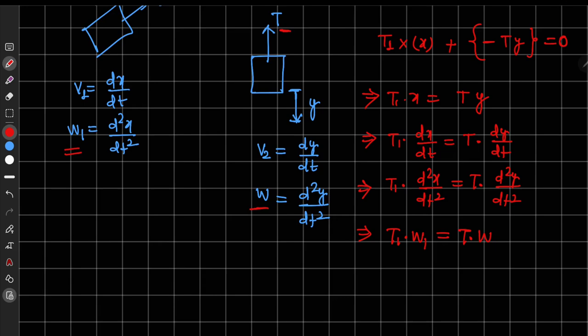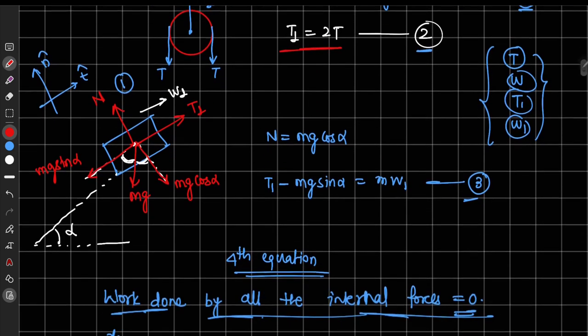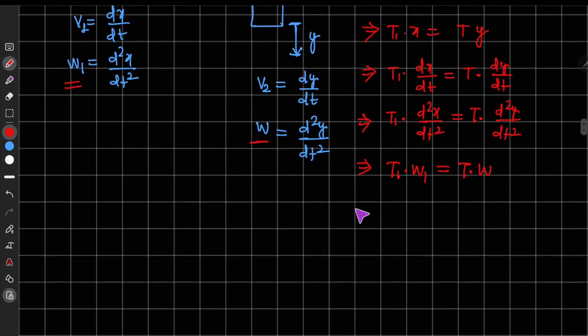Now we have already found out the relation between T1 and T, so let us substitute it here. So we will get T1 is equal to 2T, so 2T times w1 is equal to T times w. Okay, so from here we can get w1 is equal to w by 2. So that is, the acceleration of body 1 is half of the acceleration of body 2.